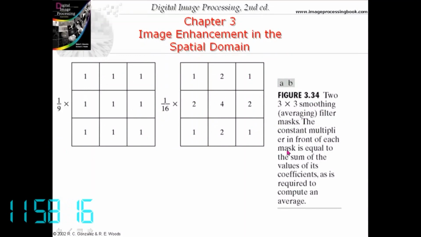The constant multiplier in front of each mask, 1/16 and 1/9, is equal to the sum of the values of its coefficients, as is required to compute an average. So 1 plus 2 is 3, plus 1 is 4, 6, 10, 12, 13, 15, 16. So this is 16. When you are multiplying this and adding, you are increasing by 16, so you reduce by 16 by dividing by this 16.